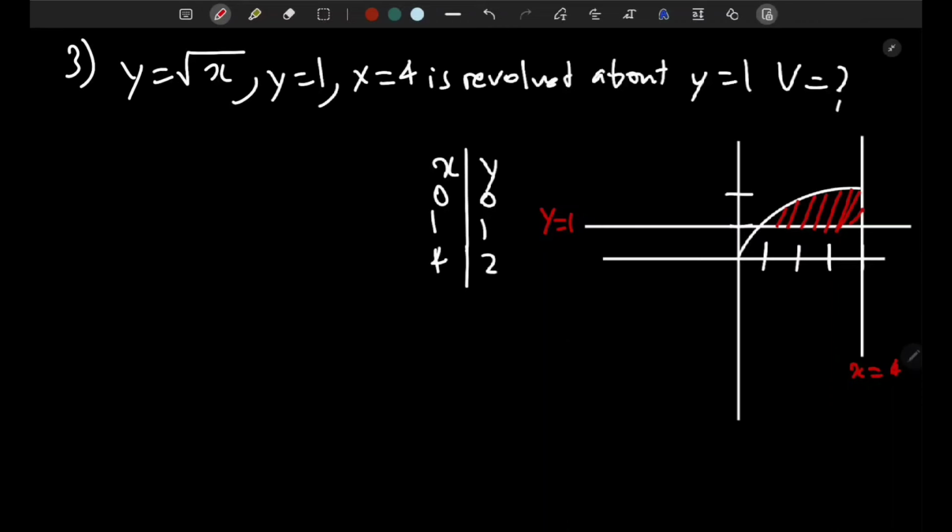This is the area that we want. So this is why we always draw the graph first and visualize what area or what volume we are trying to find. Now if we revolve this around y is equal to 1, basically this is what we are going to get.